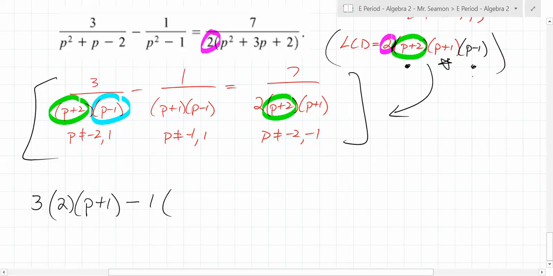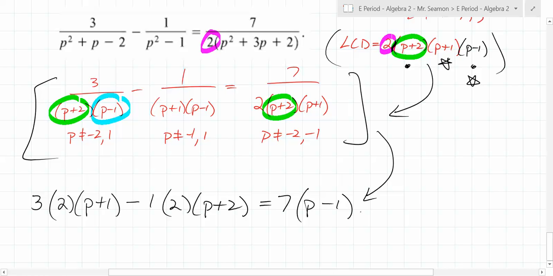P plus 1 and P minus 1. So you're left with 2 times P plus 2 equals, oh, we still have to get the 2 in there, good. On the last one, what's left here? 7 times what? P minus 1, right? Does everybody see how we got from here to here?